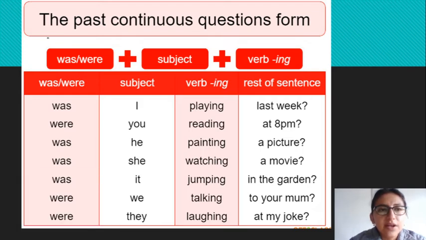First, we have to write the verb to be. In this case, we have the verb to be in past plus the subject, plus the verb with ing plus the complement and the question mark.